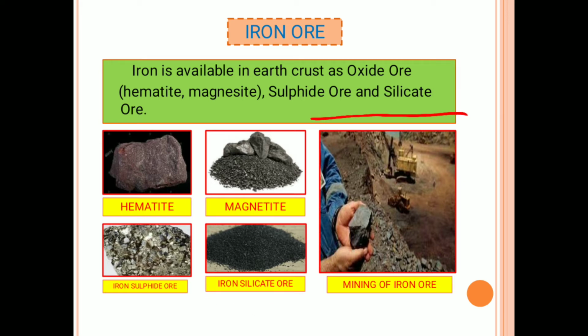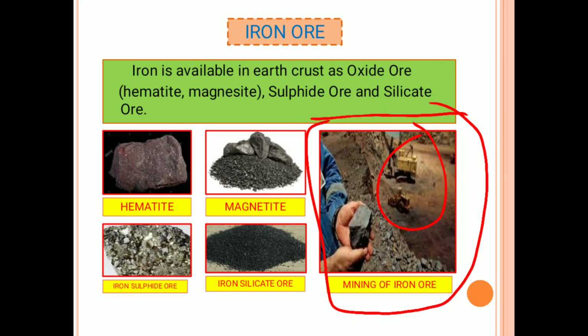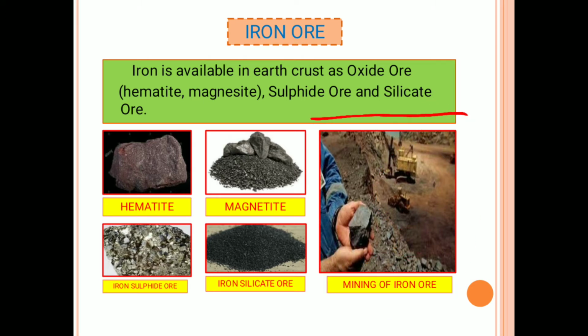In this image you can observe the mining of iron ore. So this is the iron ore which comes from the earth crust as oxide, sulfide, and silicate ore.